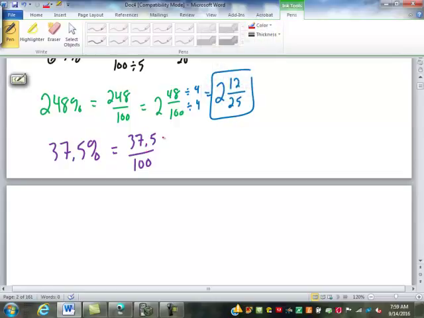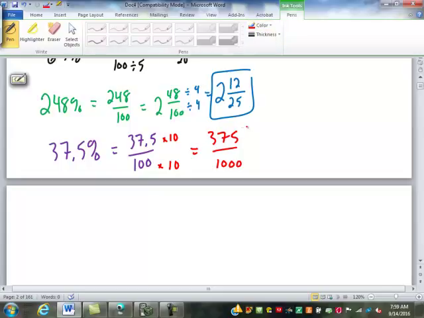So to get rid of it, just like when we were dividing by decimals, we multiplied by 10 or 100 or whatever to move the decimal point over. We do the same thing here. It's only one decimal place, so multiplying by 10 gets rid of it. So it's now 375 over 1,000. If there were two decimal places, we would have multiplied by 100. And 3 would have been 1,000, and so on.